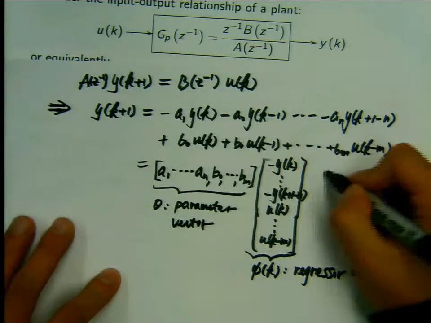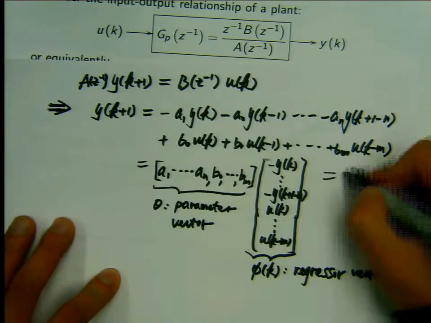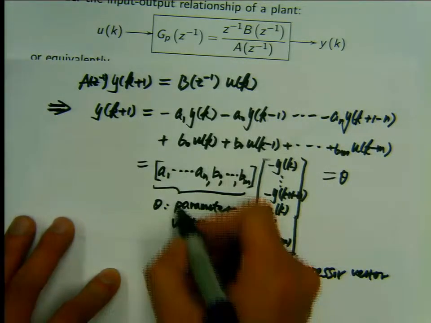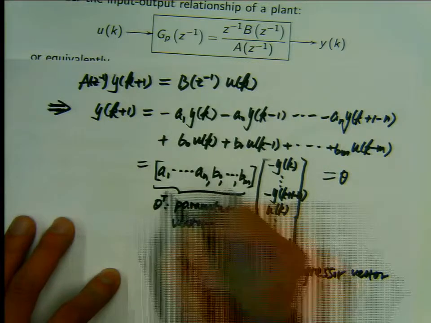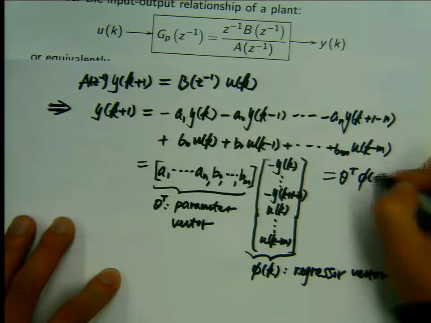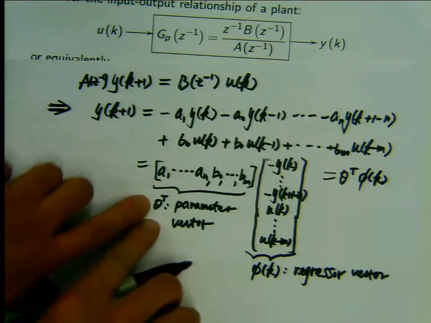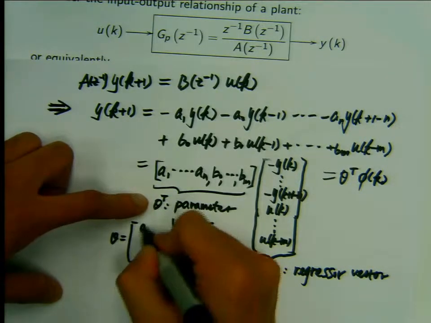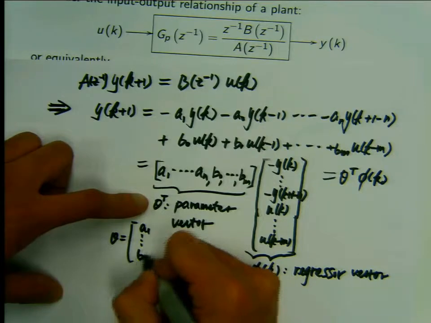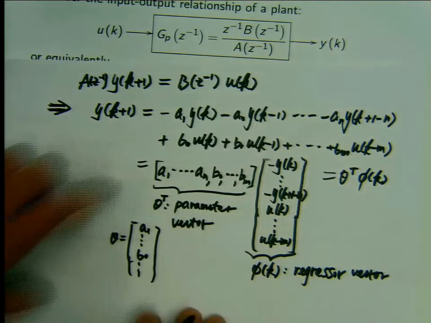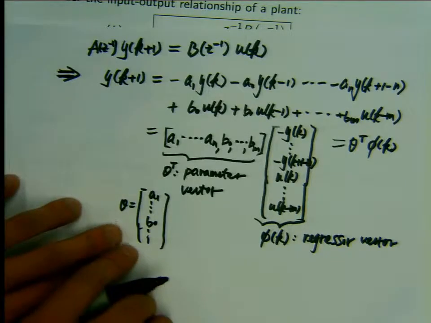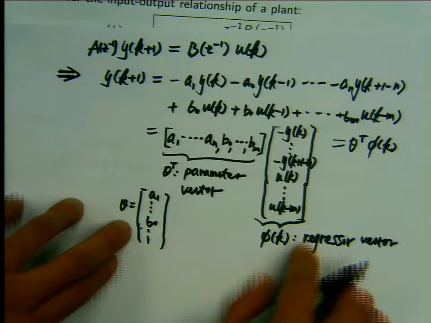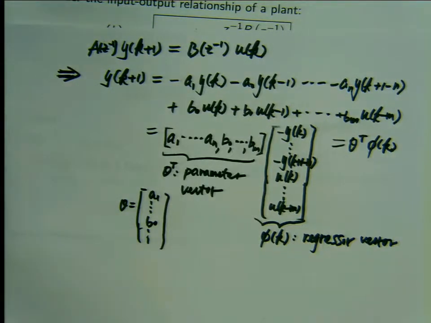So finally, we can write it in the simple form: theta transpose, just for convenience. When we write theta, theta means a column vector. So actually, theta is this one. Both theta and phi are column vectors. You can write it in that form.